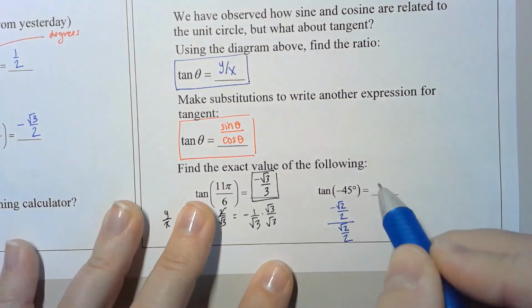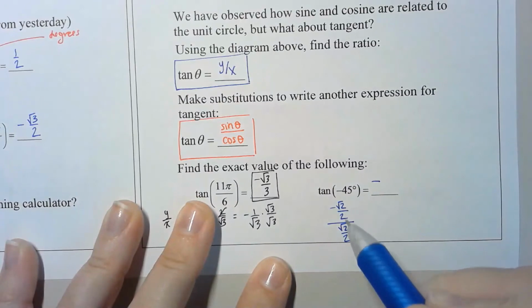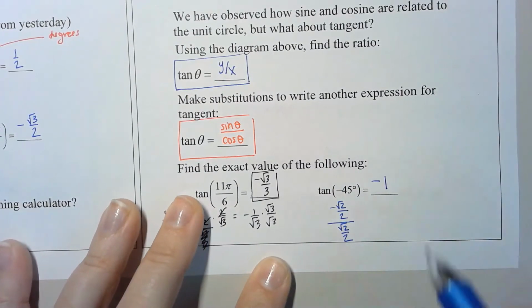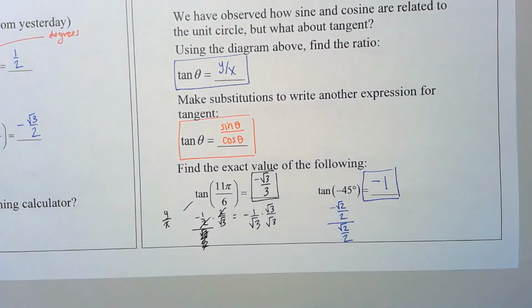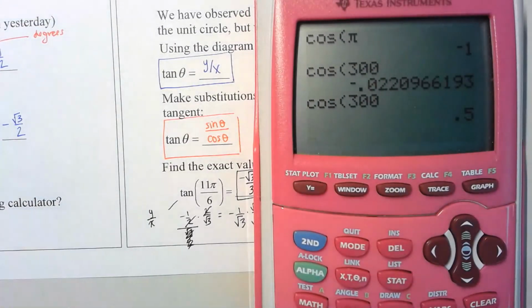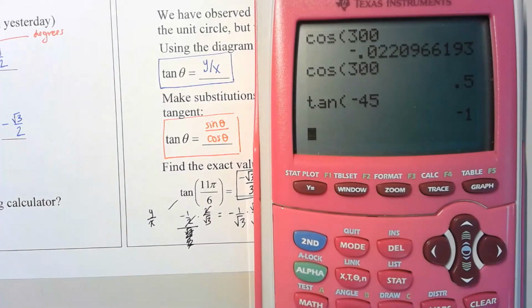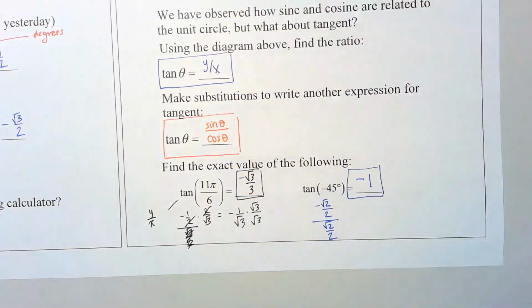And a negative divided by a positive is a negative, and anything divided by itself is 1. So I get negative 1. And again, that's absolutely something I can check on my calculator by hitting tangent of negative 45, because I remember I'm already in degrees. Okay.